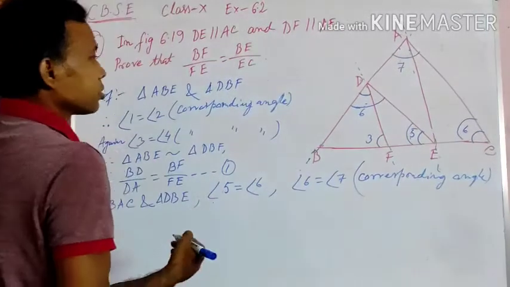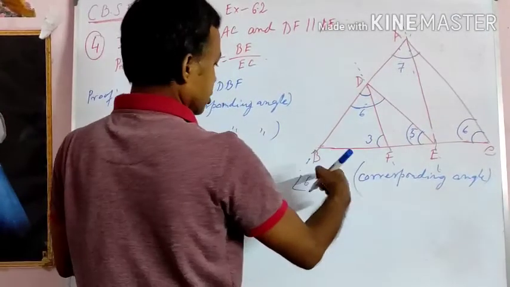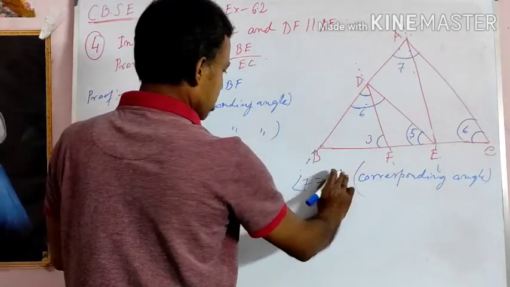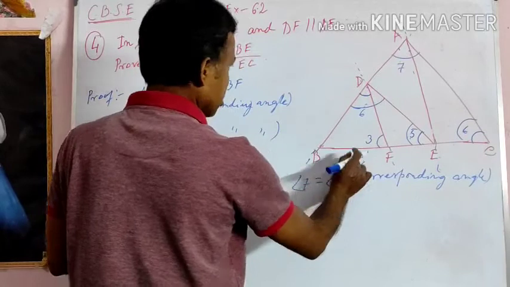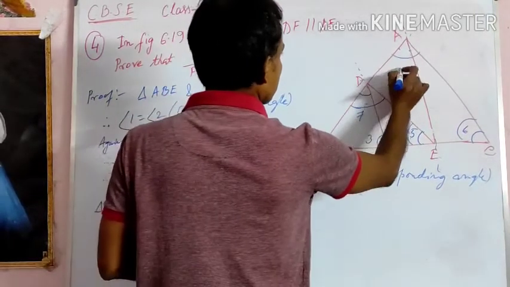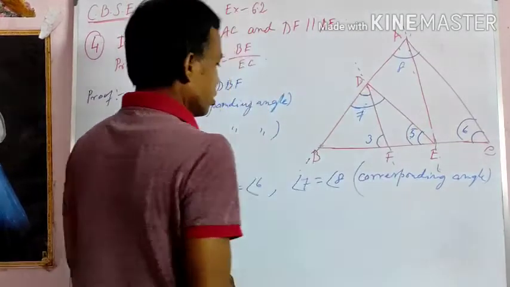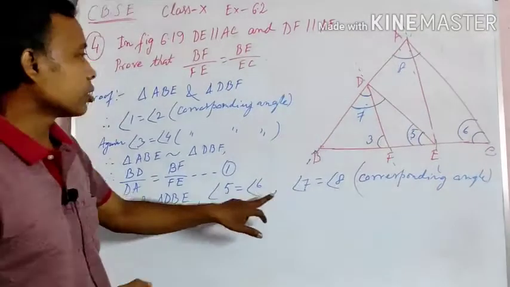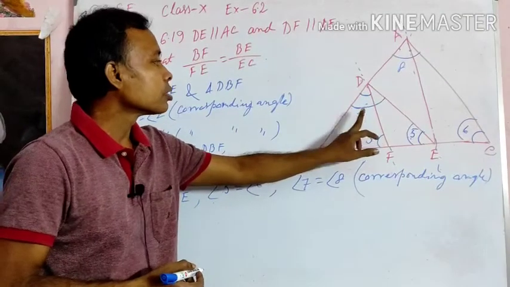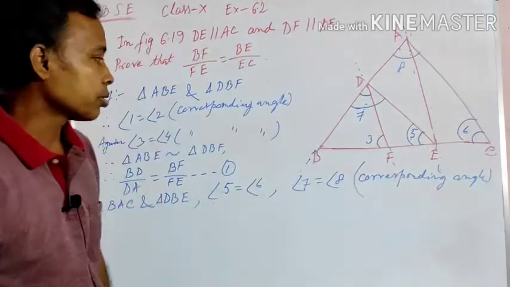Suppose this is 7 and this is 8. Angle 5 is equal to 6, they are corresponding angles, and 7 is equal to 8, they are also corresponding angles.